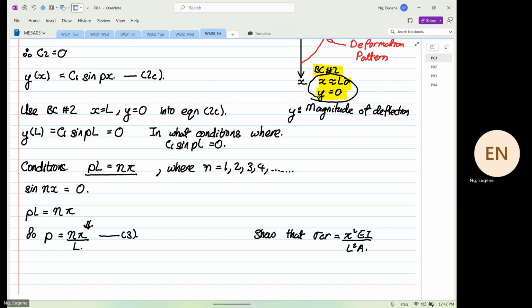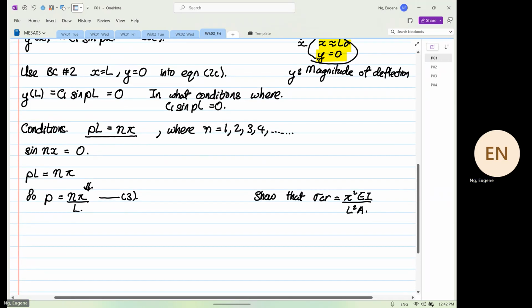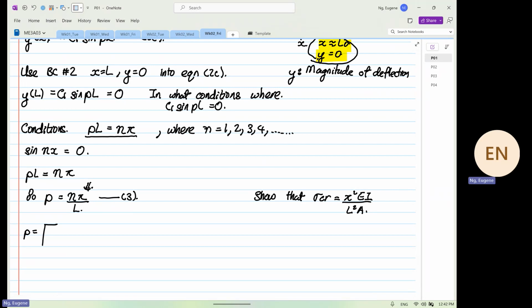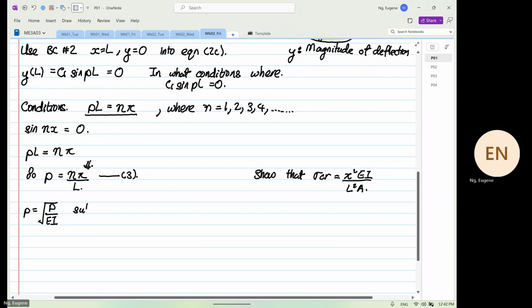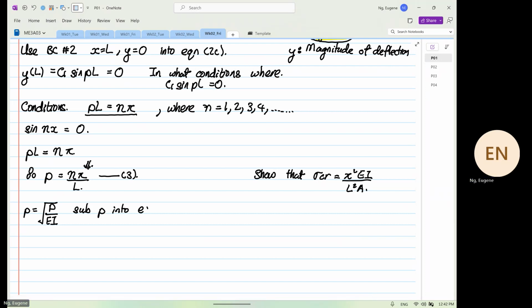So we also know that small p is equal to the square root of capital P divided by EI, and we are going to substitute this into equation number 3.